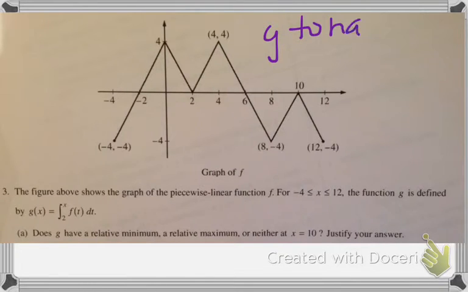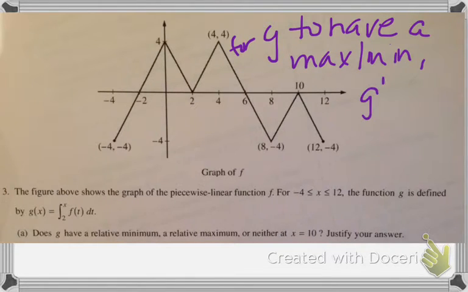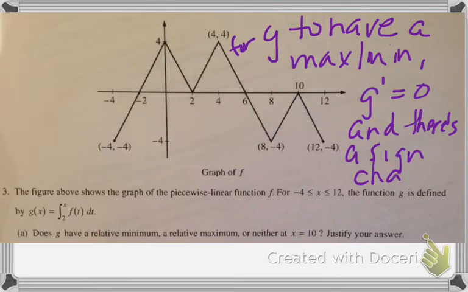For G to have a max or min, G prime equals 0, and there would also be a sign change. So let's say G prime equals 0 and there's a sign change. It's really important to write that part about the sign change.